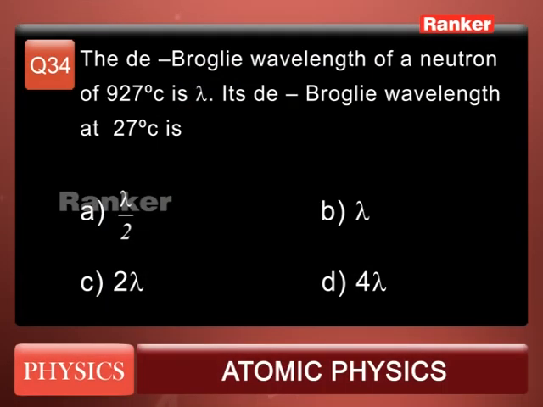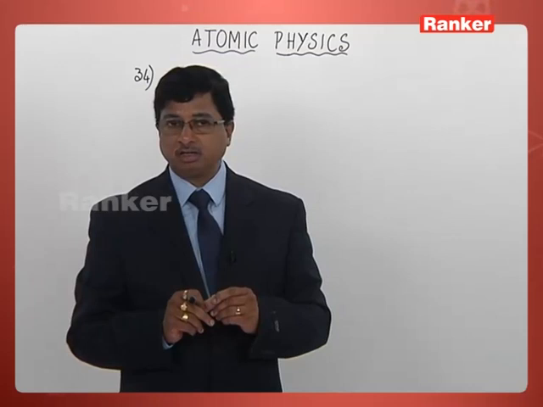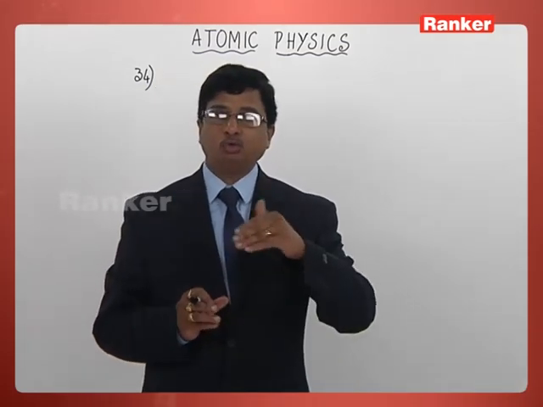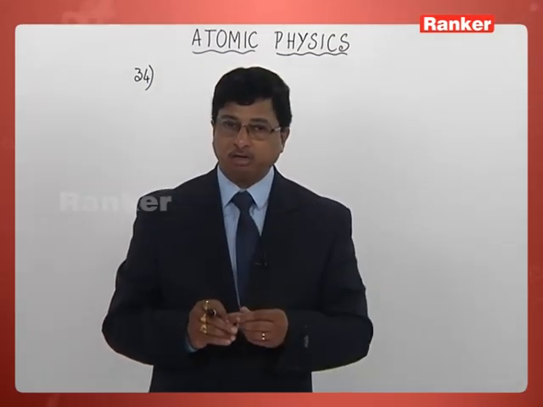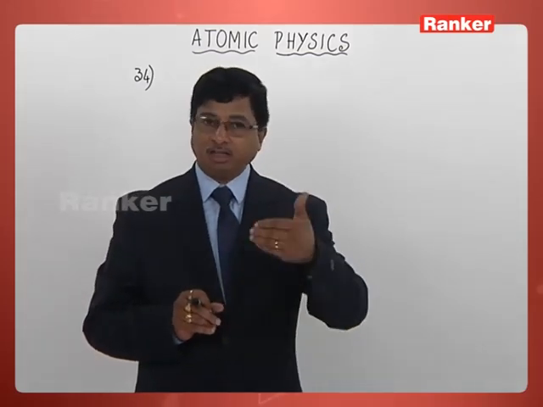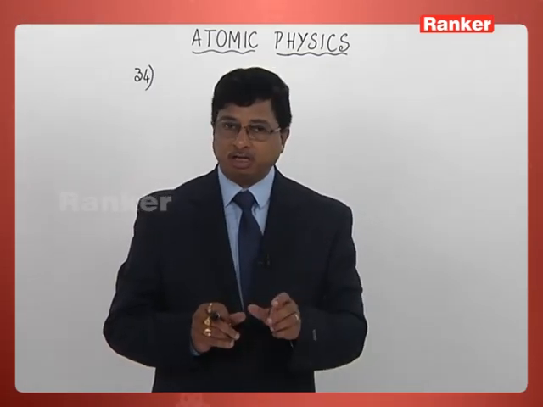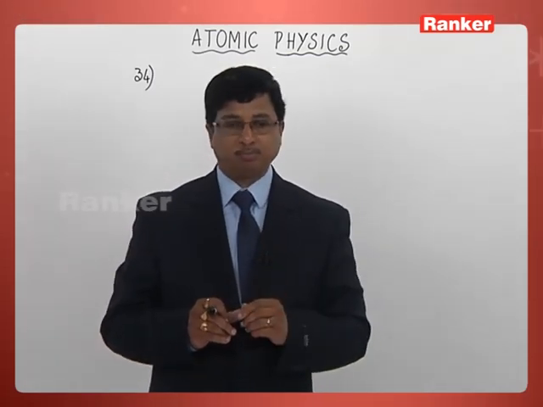Its de Broglie wavelength at 27 degrees centigrade is how much? One is 927 degrees centigrade, which if you add 273 becomes 1200 Kelvin. And the other temperature is 27 degrees centigrade, which can be taken as 300 Kelvin.